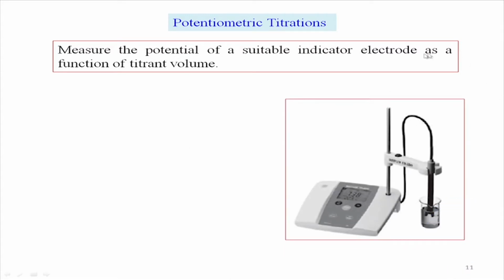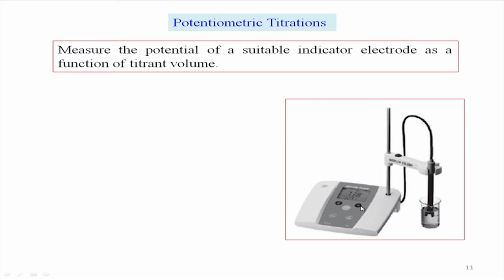So, this is the simplest desktop arrangement for your pH meter, and what you see is the combined electrode, inserted in the solution in the beaker, and you get some values for that. It basically has two knobs.